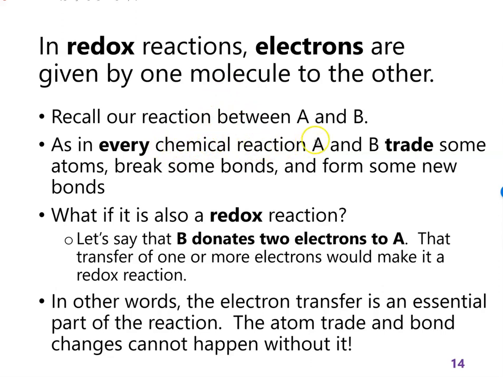So the reaction leads to a trading of atoms and breaking and forming of new bonds, but also in a redox reaction, one of the molecules donates electrons to the other. So it doesn't just form new bonds, it actually donates the electrons. And that's an essential part of any redox reaction. It can't happen without that donation of electrons happening.